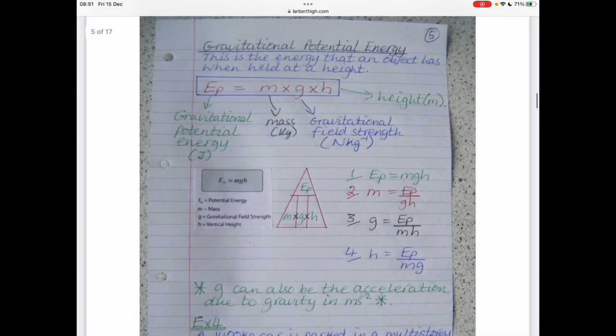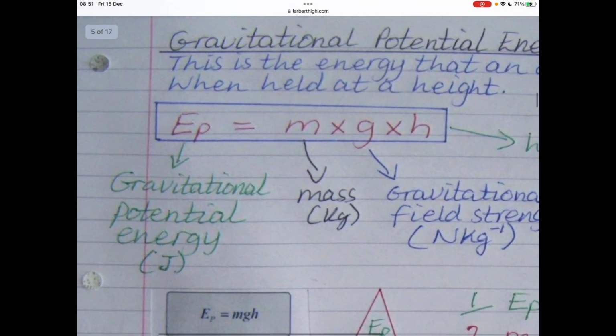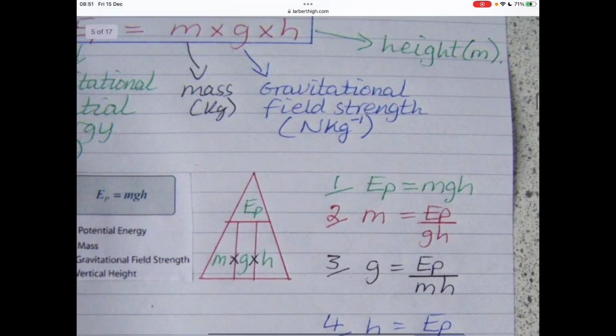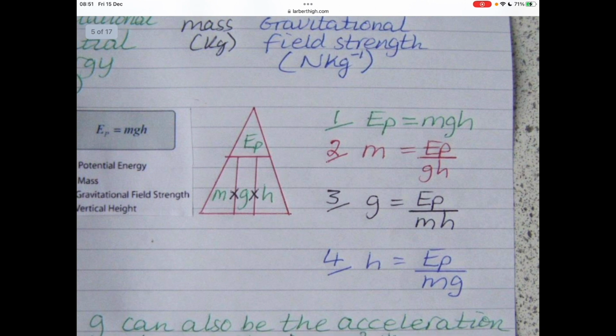Now for each equation, if we look at gravitational potential energy here, in the blue box, it will tell you what the equation is and how it's stated in the equation sheet. Because remember, whenever you do an equation or a calculation, that's what you need to use to start off with. However, you will also get the triangle and all of the rearranged forms.